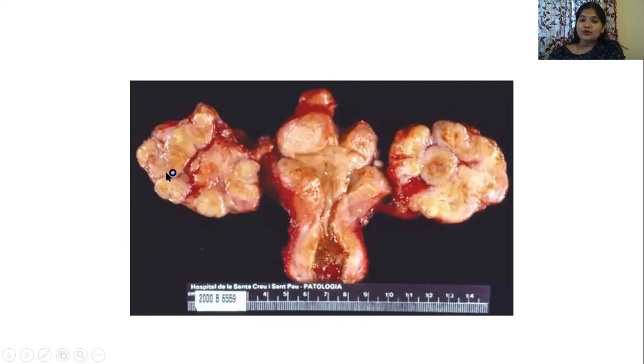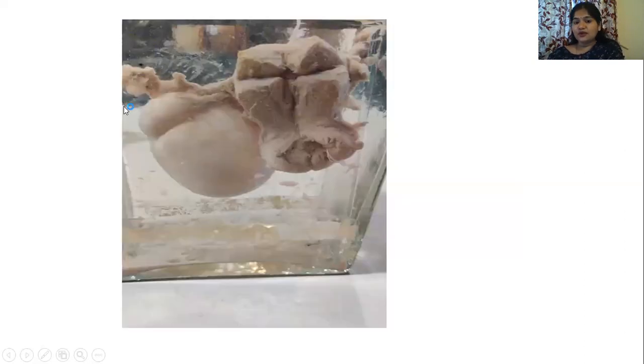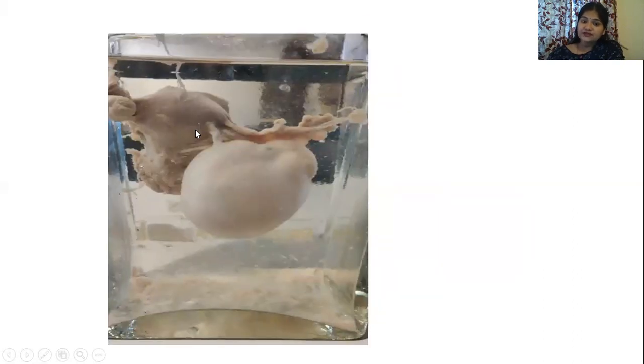At the same time, look at the ovaries. The ovaries are also cut, but they don't appear to be normal, right? So this could very well be a specimen of ovarian malignancy, right? But what you have in our museum for you in undergraduate exams is an ovarian cyst specimen.